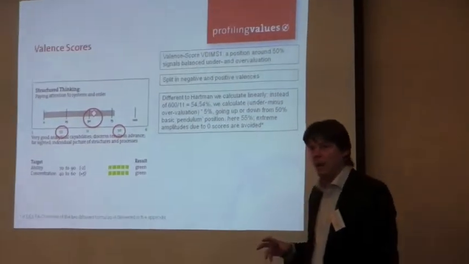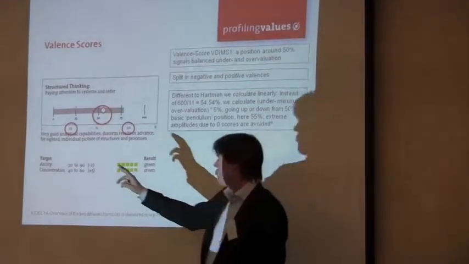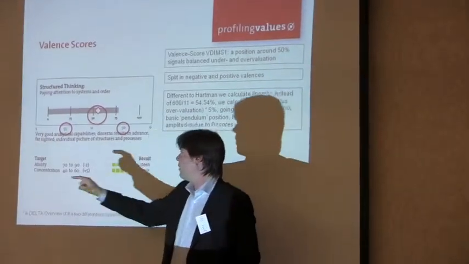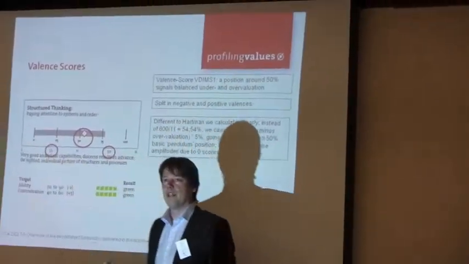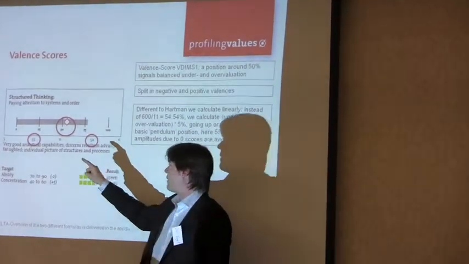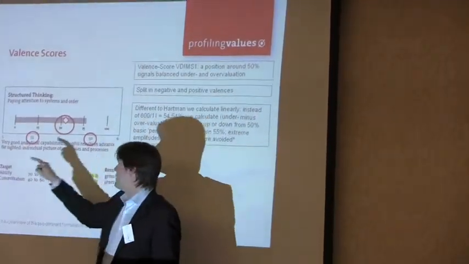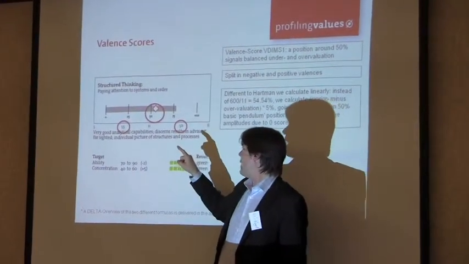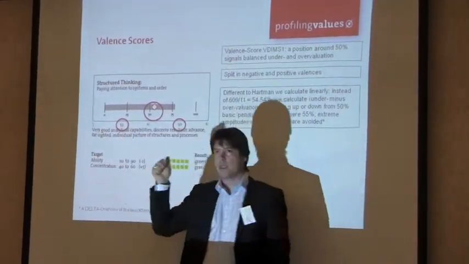What we do is another way, because we want to avoid the extreme balances just because someone having a 0 there, which is very often a problem. So therefore what we do is we subtract these two valuations. At this point in time it's 6 minus 5 is 1.